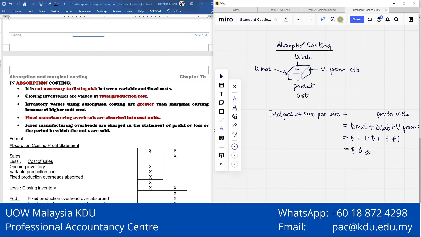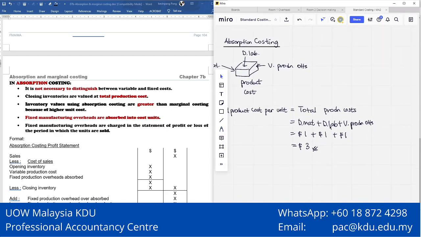Under absorption costing, now I want to calculate the product cost per unit. I want to know how much is the total production cost per unit for this product that I make. I will value it at the total production cost, not just direct material, direct labor, and variable production overhead. It also includes the fixed production overheads.